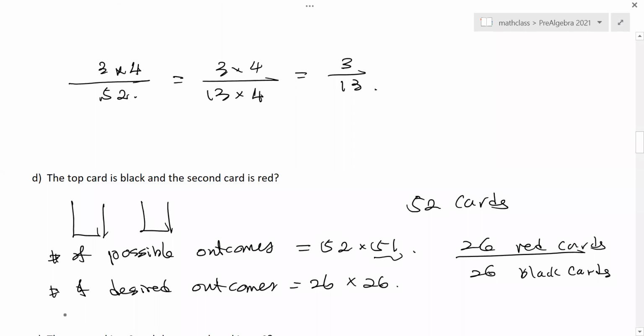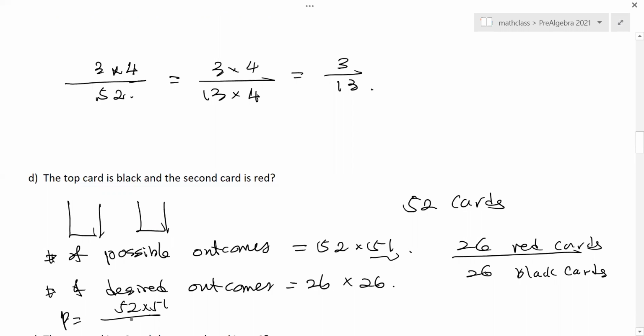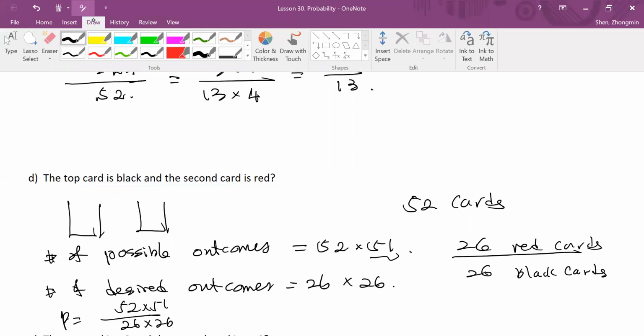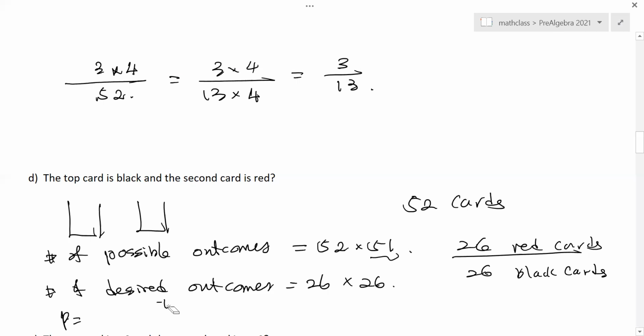So the probability will be 26 times 26 over 52 times 51. Sorry, I'm upside down. Let me draw it again.